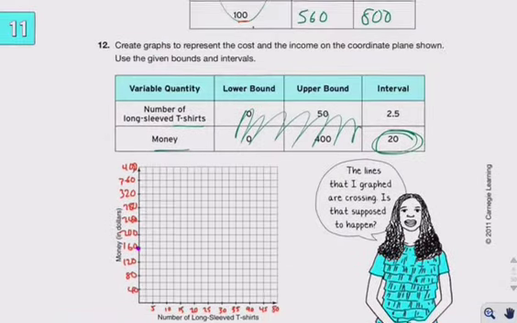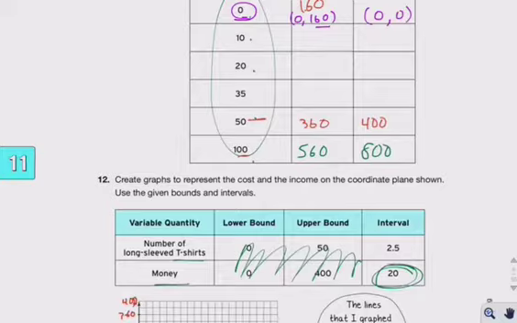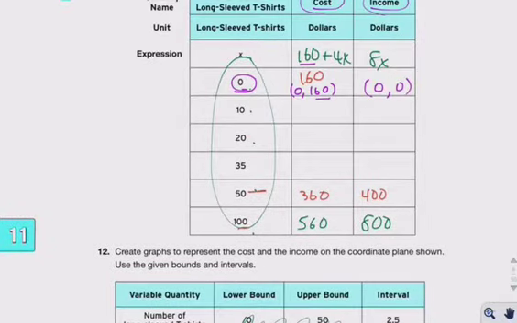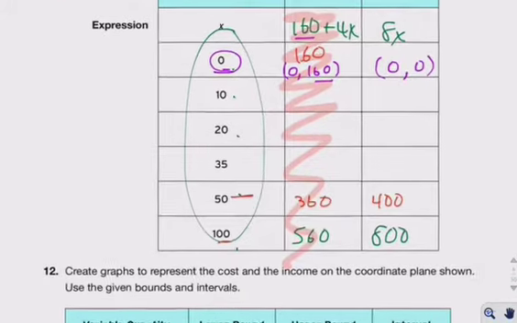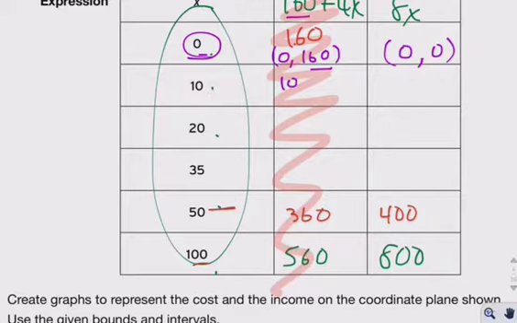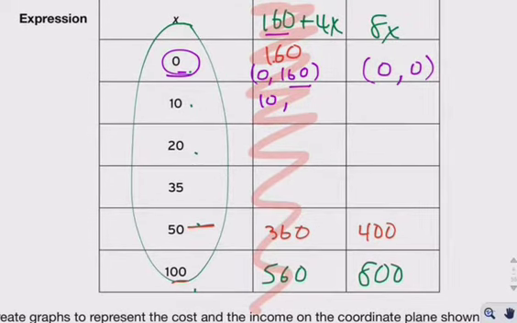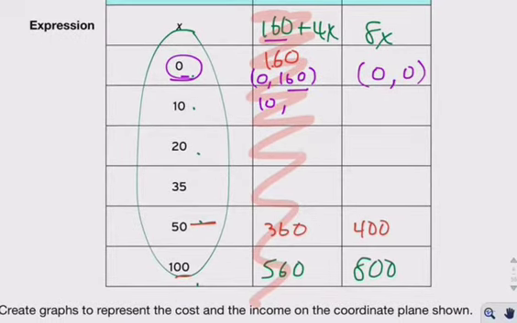And then the profit you made. Now, let's do the cost first. Let's stick to the cost. Let's graph all the cost. Okay, so 10 shirts, it's going to cost you exactly $200.